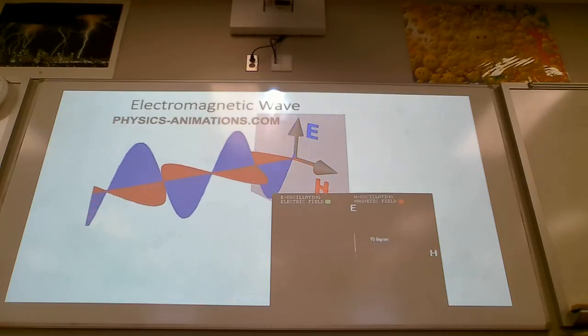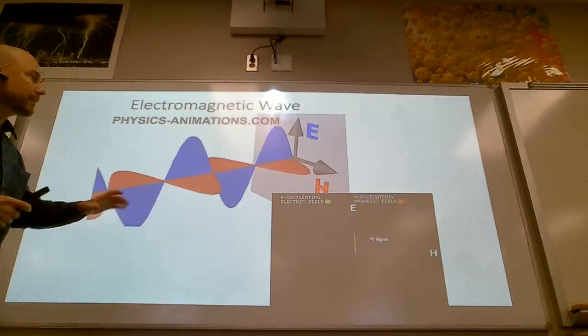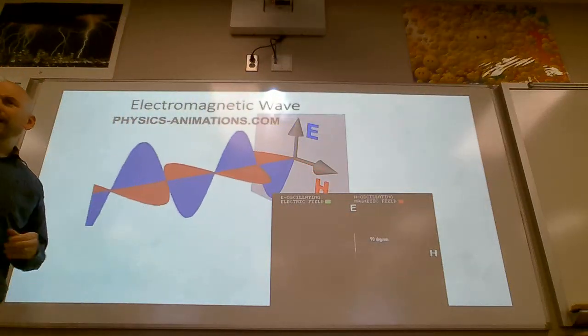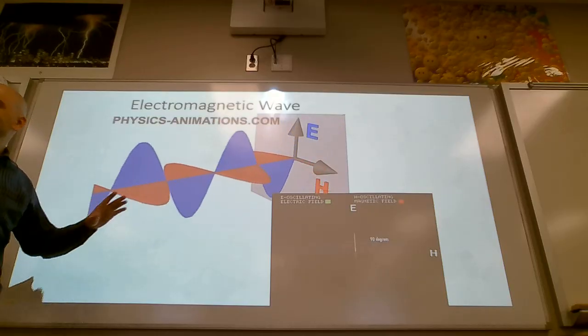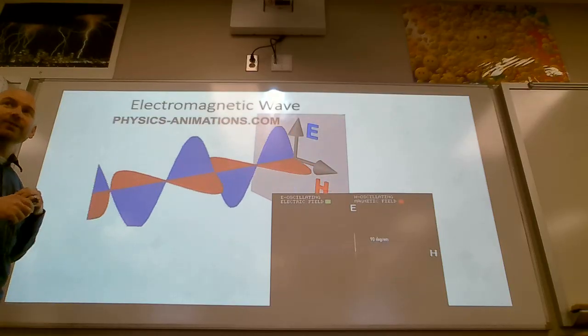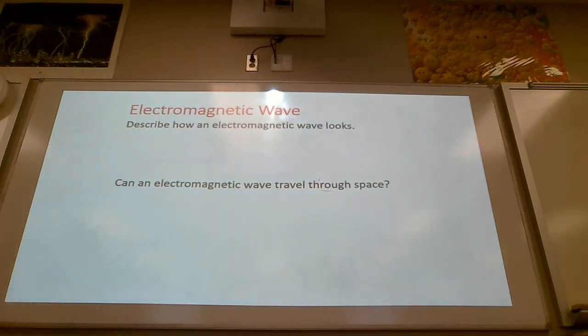And so this actually obeys the right-hand rule. It's crazy. Okay. So this is what an electromagnetic wave looks like. So how would you describe it?